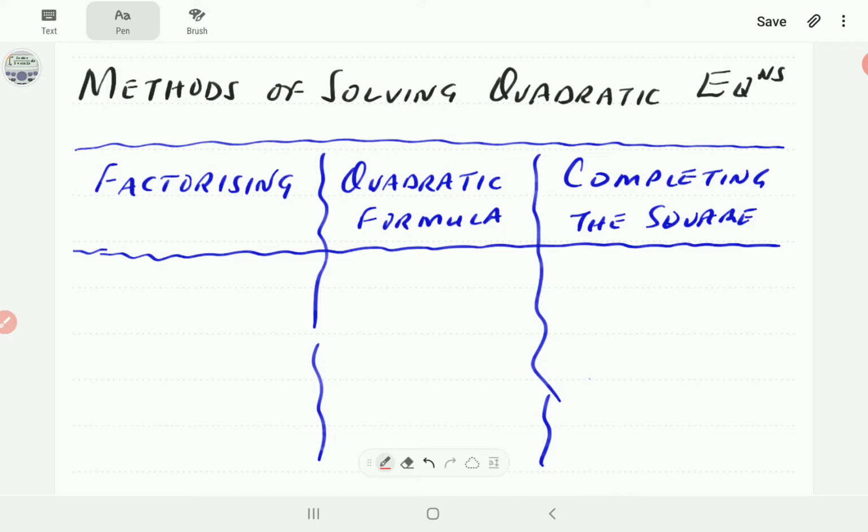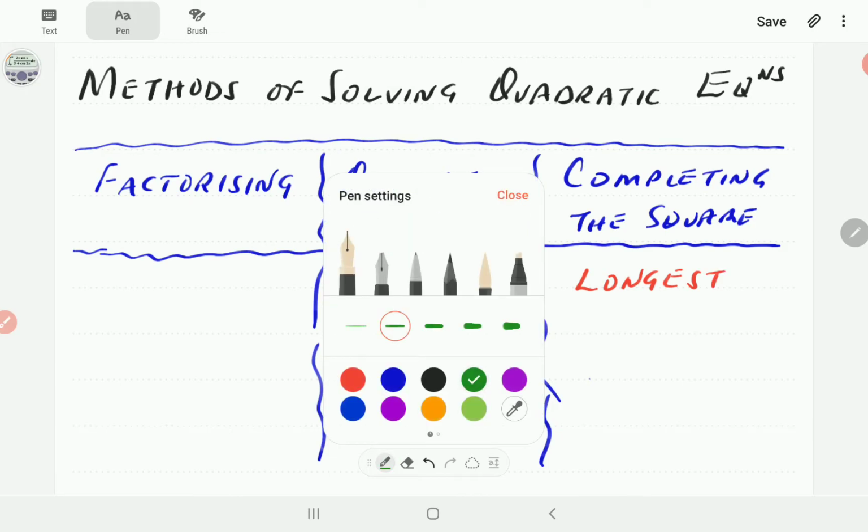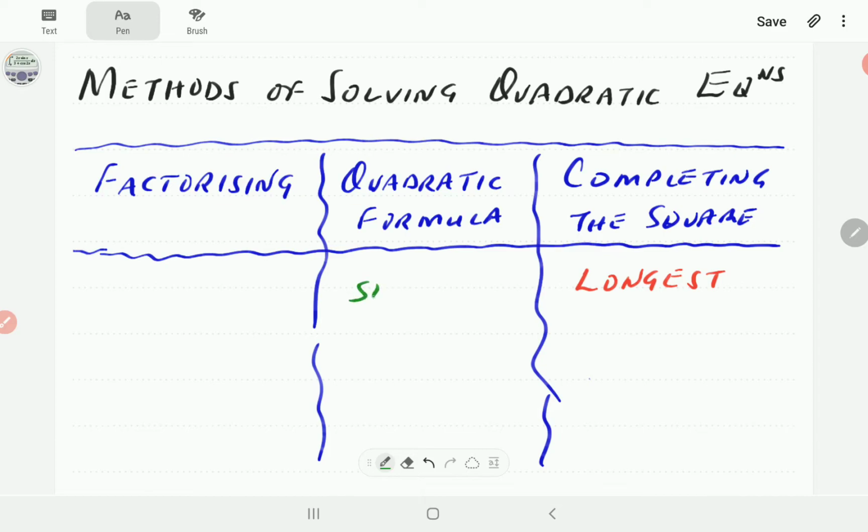So we're going to start by comparing the length that each one will take to enable you to solve an equation. The one that's going to take the longest is the method of completing the square, and the one that's going to take the shortest is the quadratic formula.